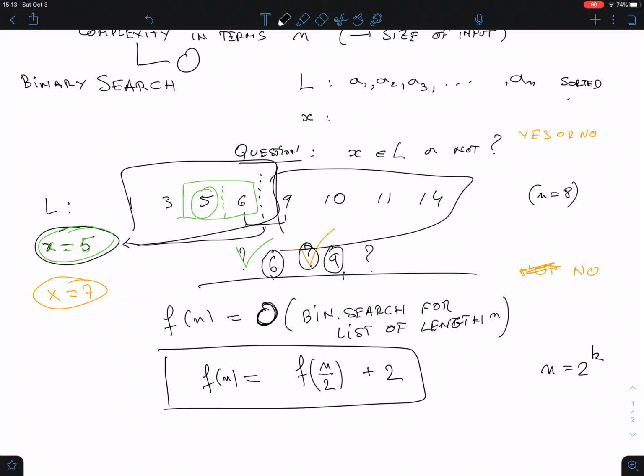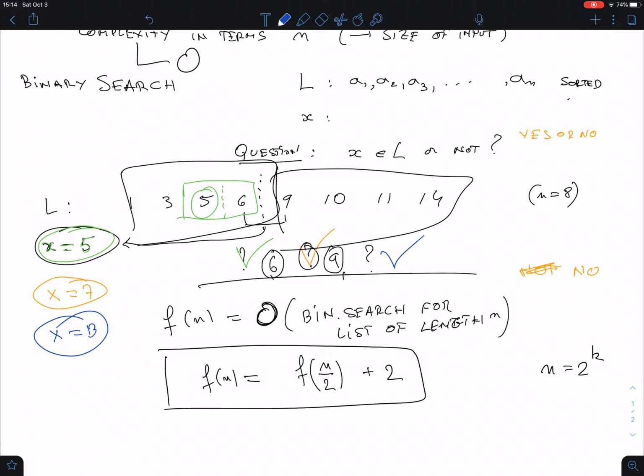Okay, you want to see an example of this case? x is 13. In the first check, 13 goes to the right because 13 is bigger than 9. Now, 13 is not in the list, I know, but it doesn't matter. At the first step, I think if it's in the list, it must be in the right part. And if I check for x is 5, it must be in the left part.